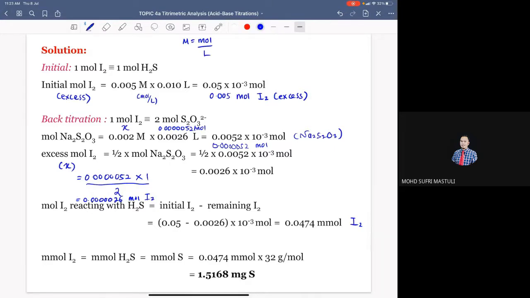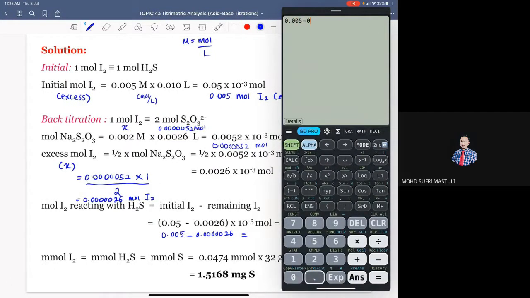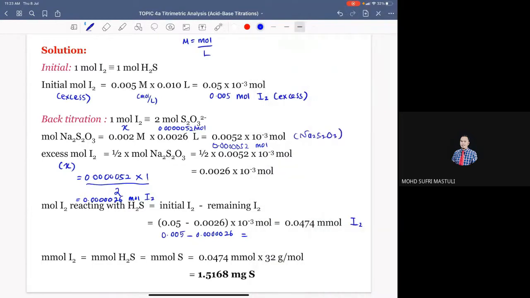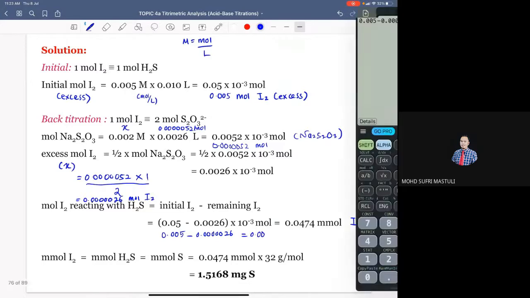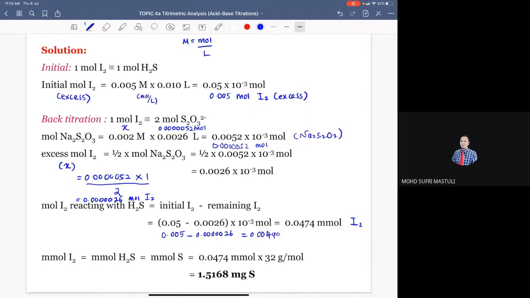So the initial is 0.005, and then minus 0.0000026. So you can obtain 0.0049974 mole.